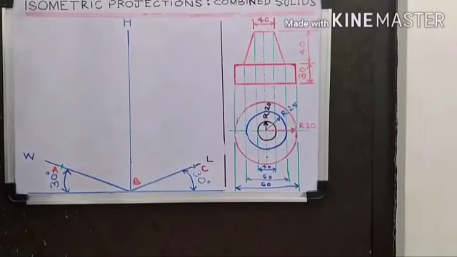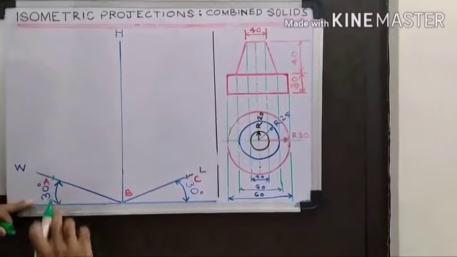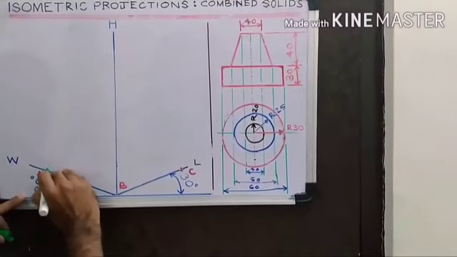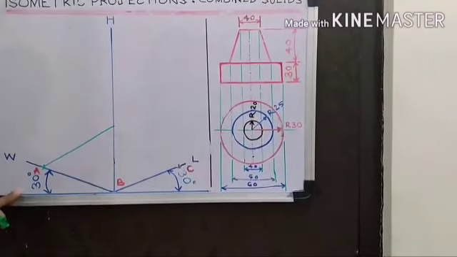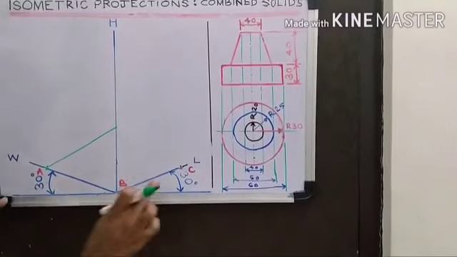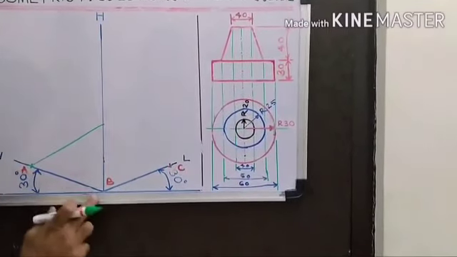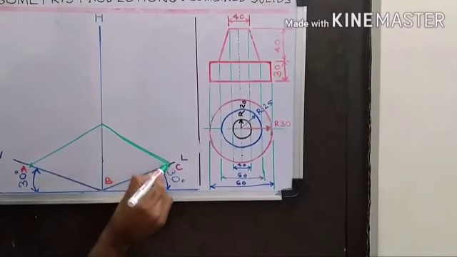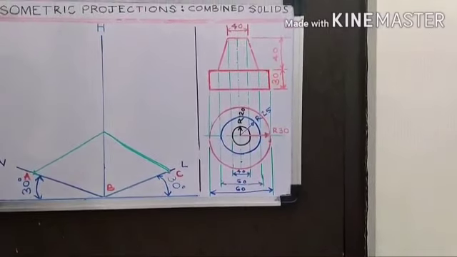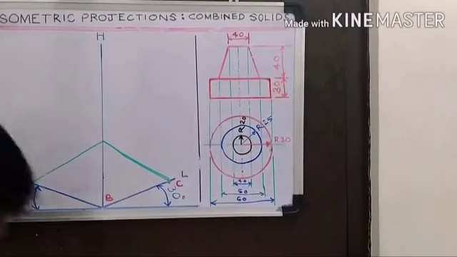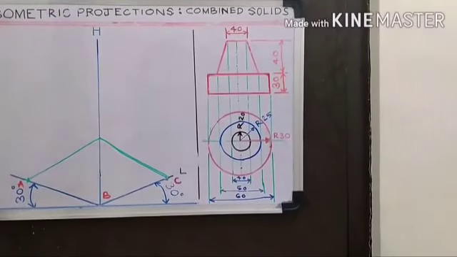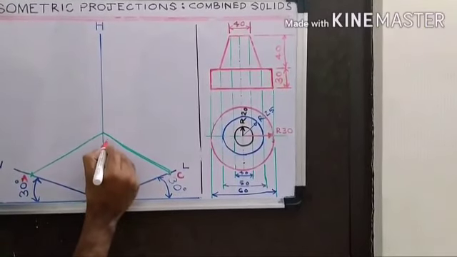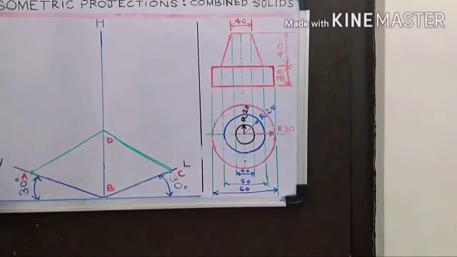After that, passing through A, draw a line parallel to BC by using a drafter. Passing through C, draw a line parallel to AB by using a drafter. Now we got the rhombus. This is D point.